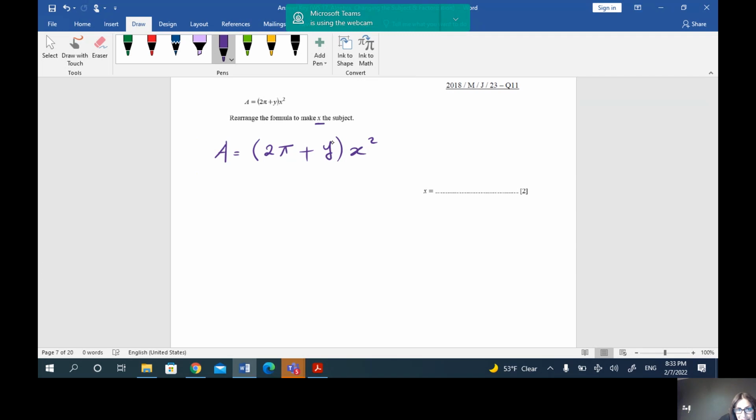Okay, so this is multiplied by x squared, so we need to isolate the x squared. Accordingly, we're going to divide this side by 2 pi plus y and this side by 2 pi plus y.